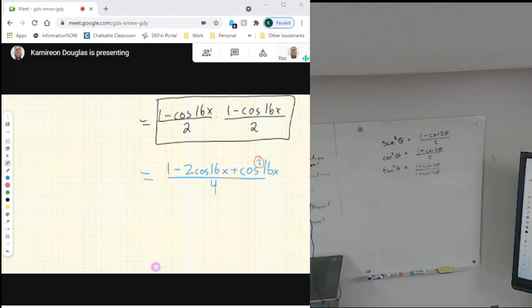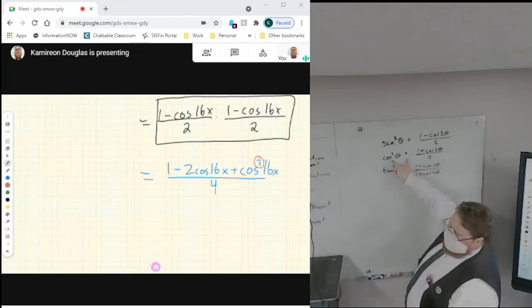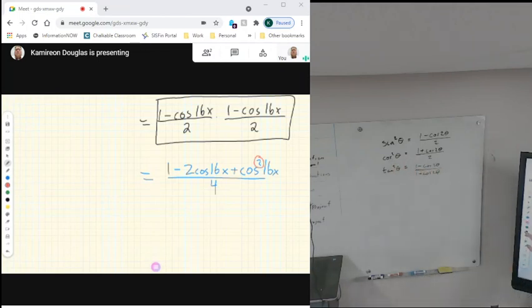So then the problem uses the cosine formula here to get rid of that cosine squared. And so the book takes it one more step farther and says 1 minus 2 cosine of 16x plus, instead of cosine squared, it writes 1 plus cosine of 2 times 16x all over 2.